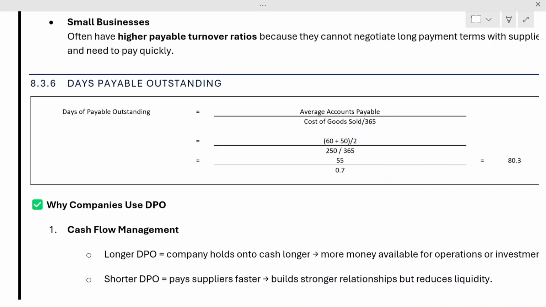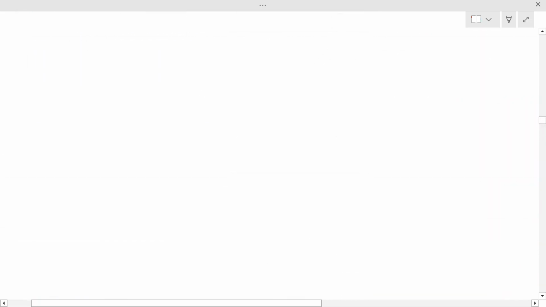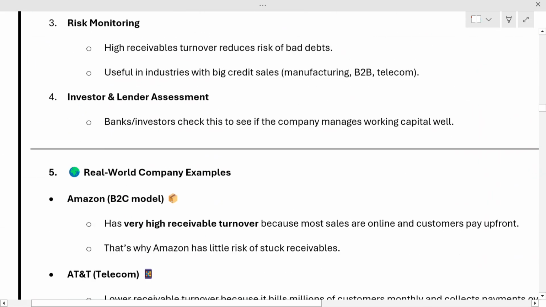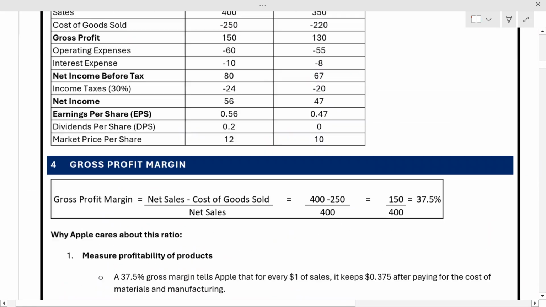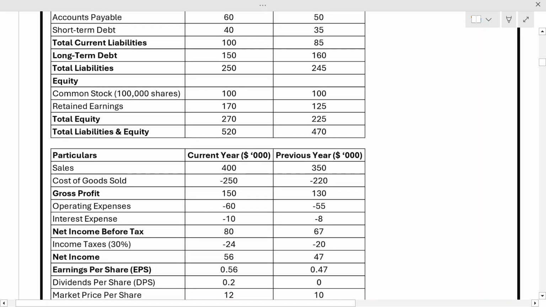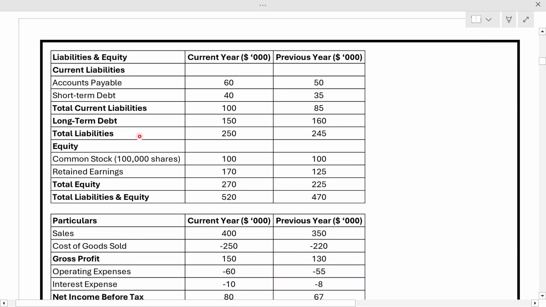So let's try to see these numbers in our financials. If we go above and see our financials, our cost of goods sold is 250, and within current liabilities, payables are 60 and 50.